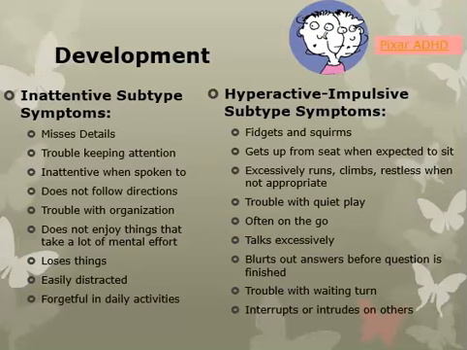A child must fit within 6 of these symptoms, and these symptoms have to be present for at least 6 months. Okay, we are going to watch some fun videos in this lecture, but as far as the symptoms for the inattentiveness, 6 or more for 6 or more months.